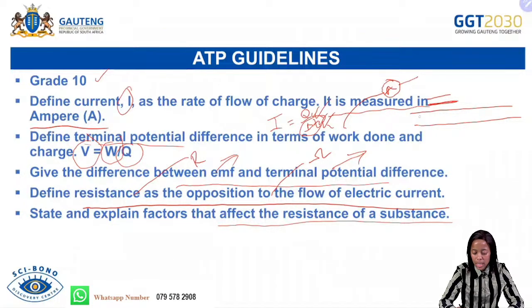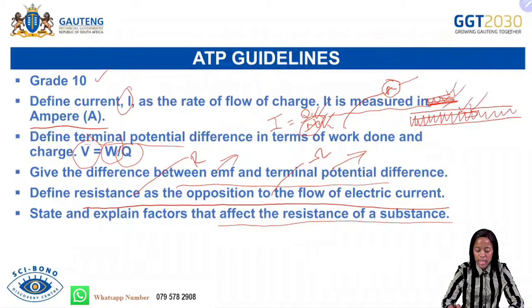You would imagine that if the current is traveling in the wire, it is going to take much more time to travel in the longer wire as compared to the shorter wire. So one of the factors is that a longer wire would offer more resistance as compared to a shorter wire there.